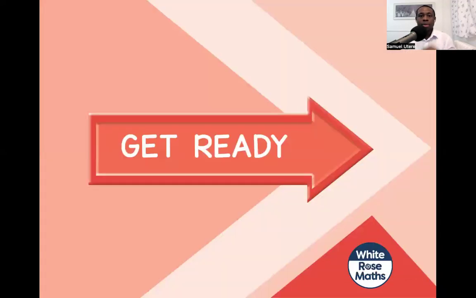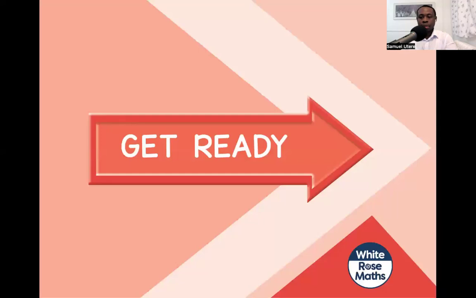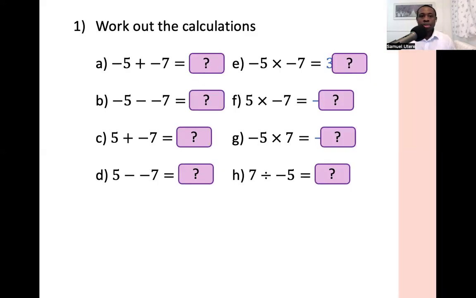Before we start, I would like you to do the retrieval practice questions in 4 minutes. Assuming you've paused the video and you've answered the questions, here are the answers. So here you were asked to simply work out these calculations.